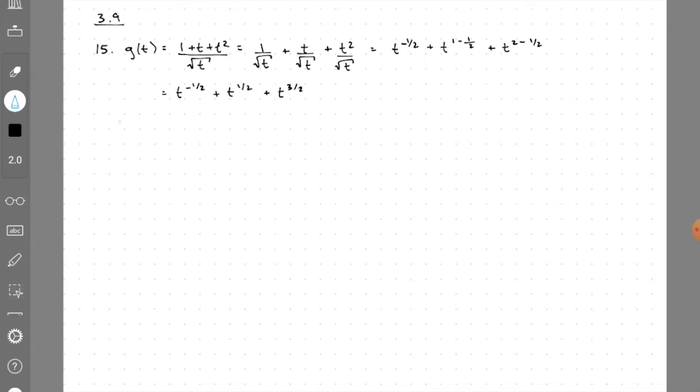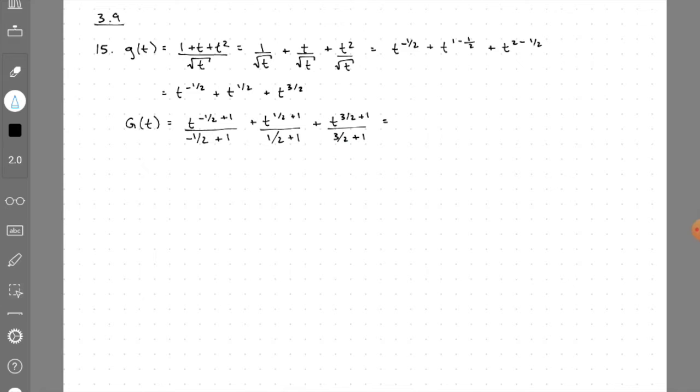Okay, now taking the antiderivative, remember that we have to rewrite this with an uppercase G. Now, the rule for antiderivatives is add 1 to your exponent and then divide by the new exponent. So it's going to be t to the negative 1/2 plus 1 over negative 1/2 plus 1, plus t to the 1/2 plus 1 over 1/2 plus 1, plus t to the 3/2 plus 1 over 3/2 plus 1.